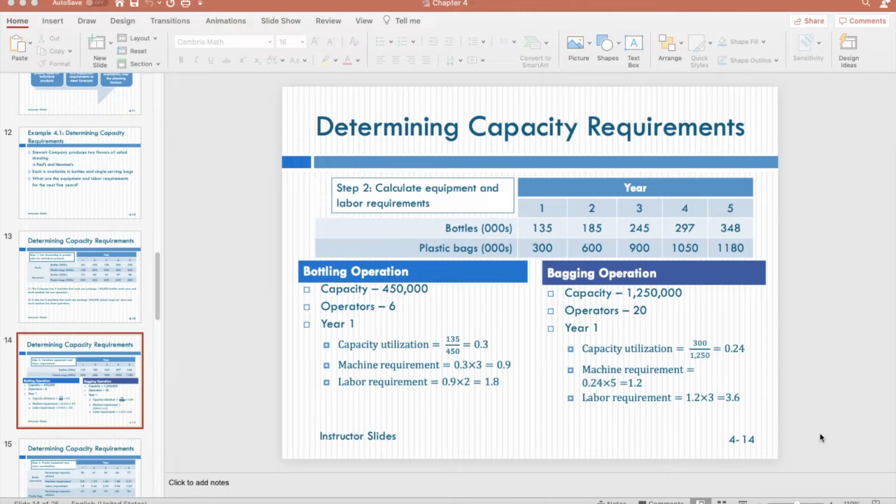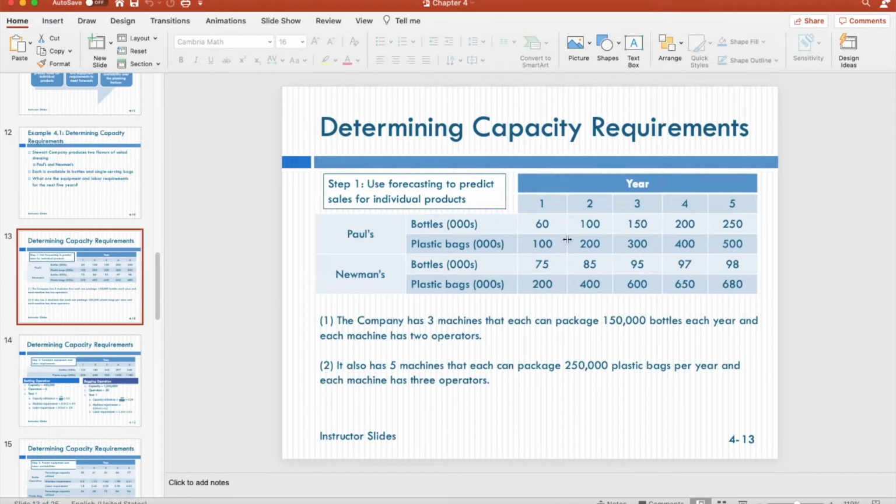So let's do some simple transformation and calculation here. First of all, we know this is the market demand prediction. Before the market demand is realized, we already do some forecast. So we know that for these 2 different flavors, in bottle, we need this amount for different years.